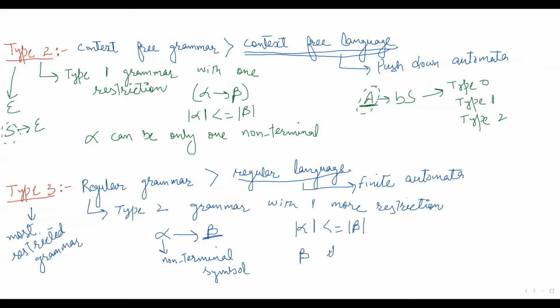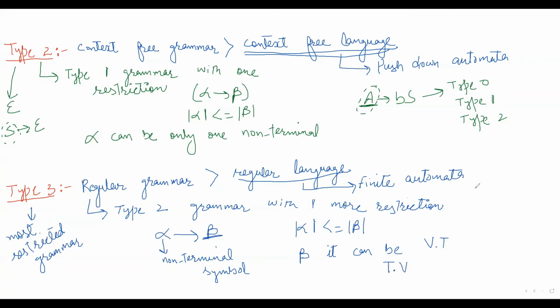It can be V dot terminal, so the first one is non-terminal and the second symbol is terminal. Or the first one is terminal and the second one is non-terminal.